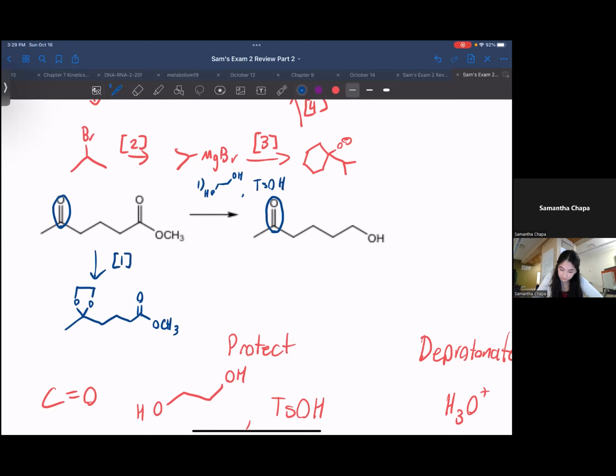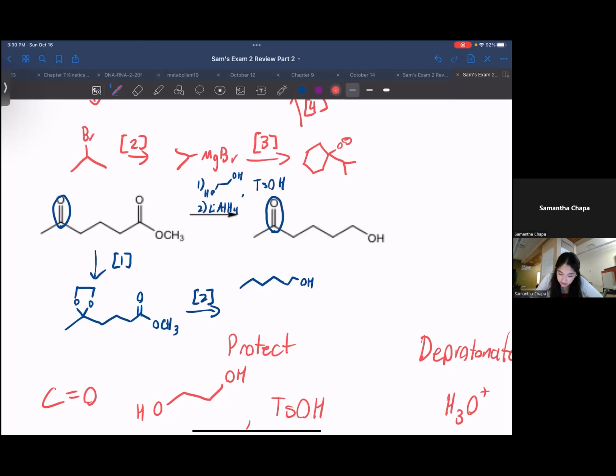And that was our first step. Second step, we can go through with our reaction. So I think I want to use a strong reducing agent, something like lithium aluminum hydride, in order to reduce as much as possible and make that ester a primary alcohol.